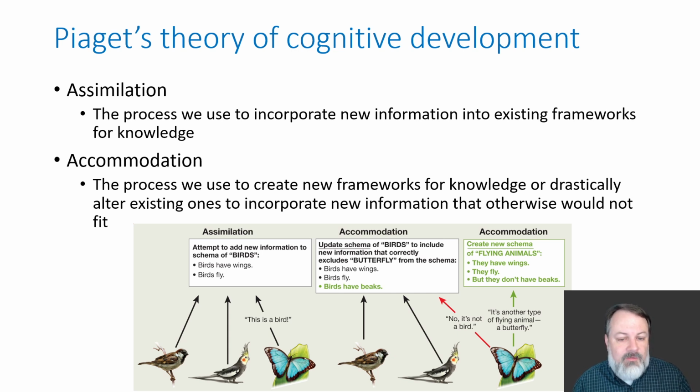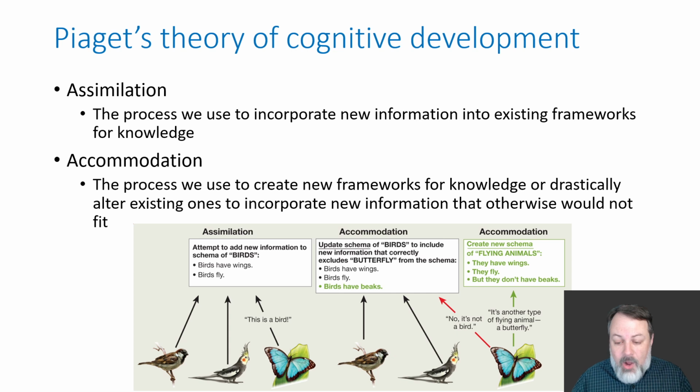Accommodation is the process used to create new frameworks for knowledge or drastically alter existing ones to incorporate new information. So, if we update the schema that birds include new types of information that then would exclude what a butterfly is. So, birds are animals that have wings and they fly, but they also have beaks.